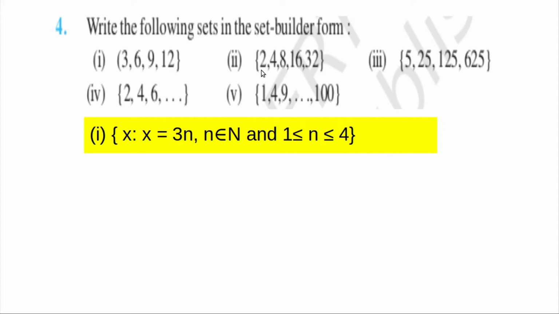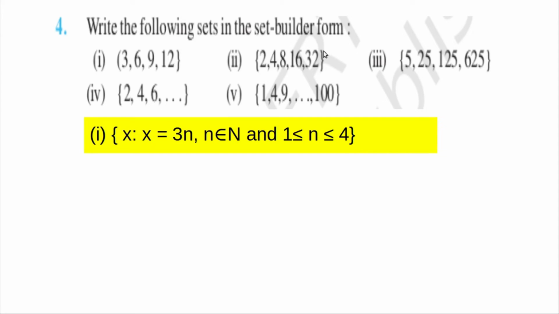Now, here is another question. Set 2, 4, 8, 16, 32. Here we can see that 2 raised to 1 is 2, 2 raised to 2 is 4, 2 raised to 3 is 8, 2 cube is 8, 2 raised to 4 is 16, 2 raised to 5 is 32.